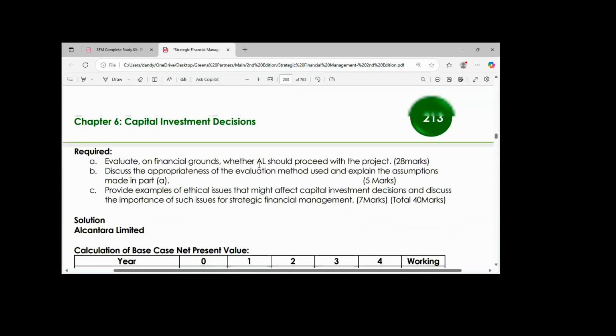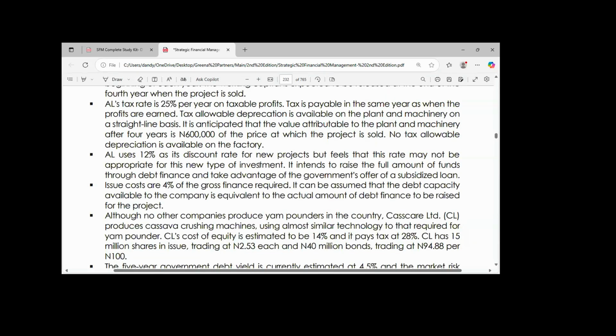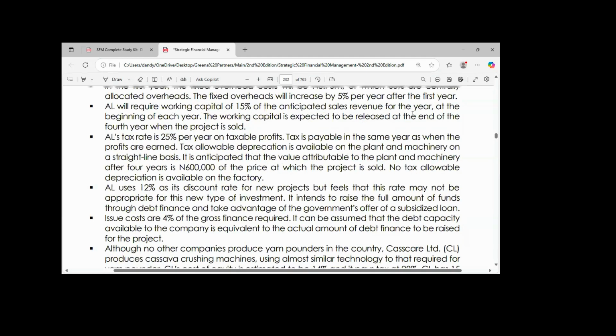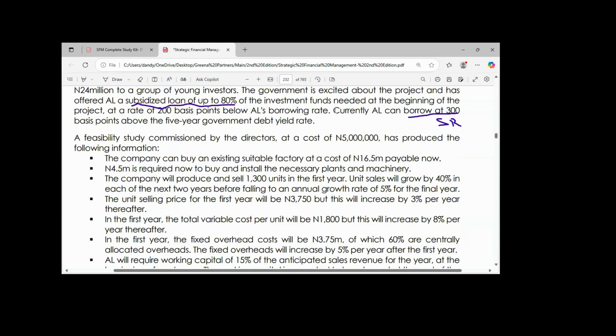According to the question, the examiner told us that the company can borrow at 300 basis points above 5-year government debt yield rates. 300 basis points is the same thing as 3%. Whenever you are given basis points, just divide by 100. If you are given 500 basis points, 500 divided by 100, that's 5%.